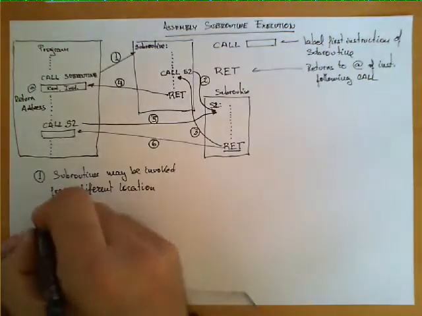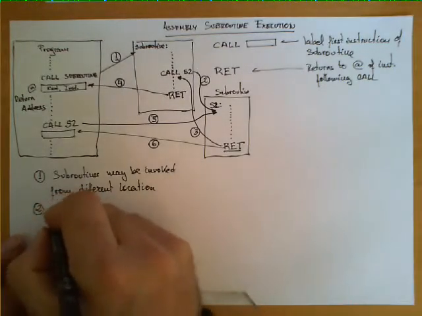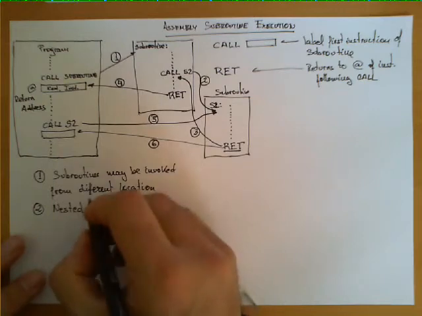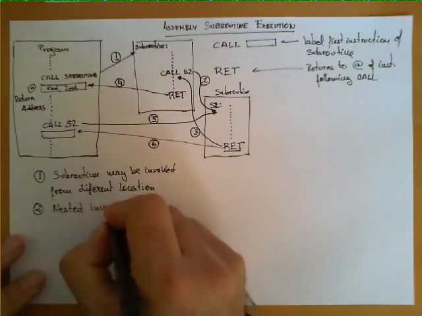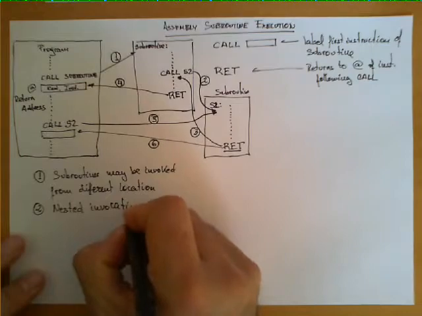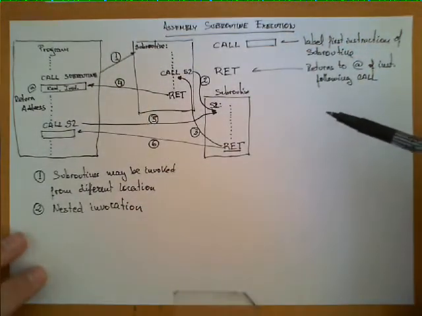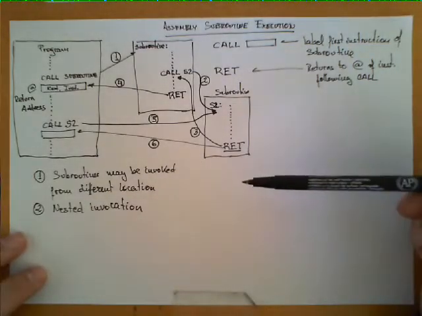This is also an example of another factor that we have to observe, which is that subroutines sometimes are invoked in a nested way. So we have to understand this mechanism from the point of view of nested invocation of subroutines.